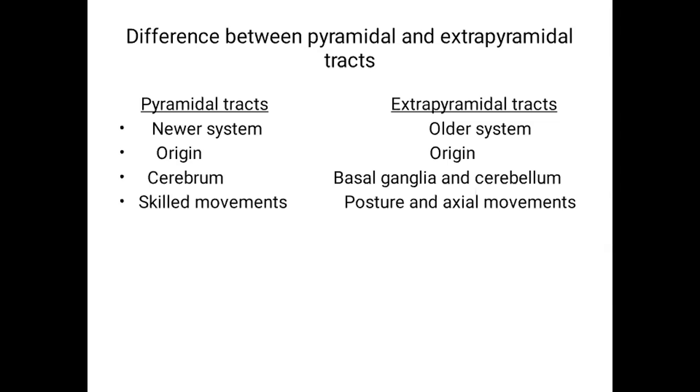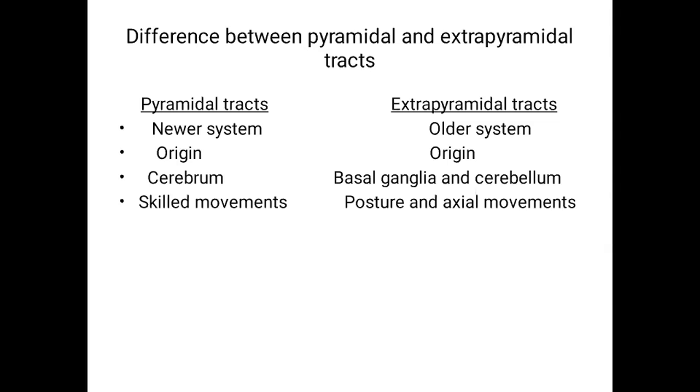So, similarities and differences. The similarity between pyramidal and extrapyramidal is that both are descending motor fibers passing to the spinal cord or to the brainstem. What is the difference? Pyramidal is a phylogenetically newer system, extrapyramidal is older.